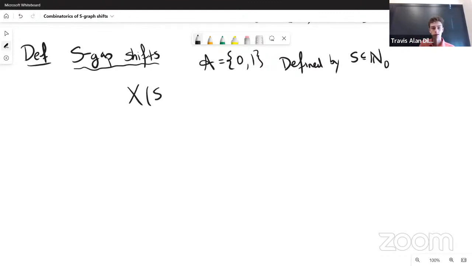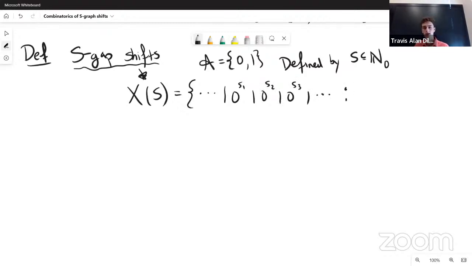So X of S, this is just the notation for an S-gap shift, is the set of all, as we've mentioned, bi-infinite sequences of this form. And I'm writing it in a funny way, because that'll make notation easier later. I'll explain exactly what this means right now.